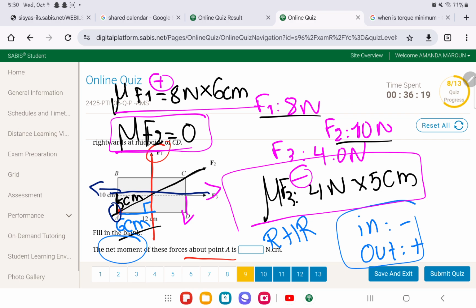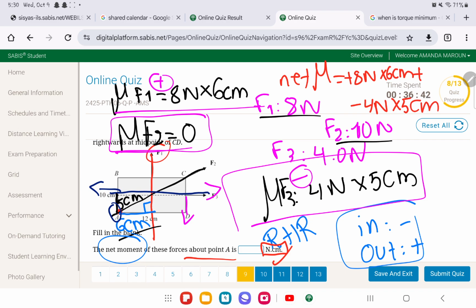So if we are going to solve, we are then going to get that the net moment is equal to positive 8 newtons times 6 centimeters. Now pay attention here, they needed in newtons per centimeter, so we keep it in centimeters, okay? Plus what? Negative 4 newtons times 5 centimeters.